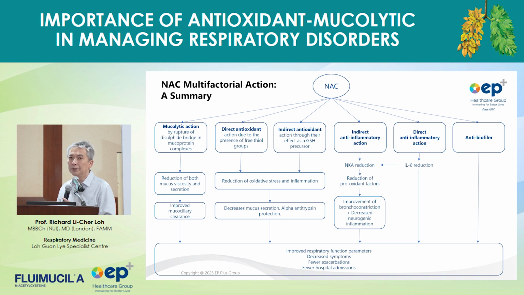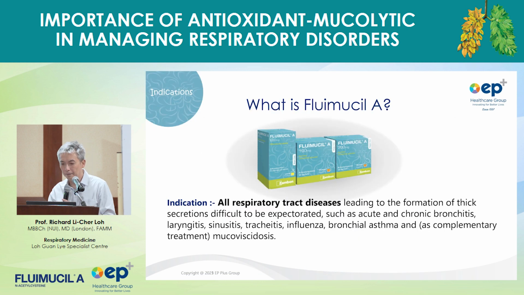It's anti-inflammatory, it's antioxidant. So hopefully with all these properties, it will improve the lung function, reduce symptoms, reduce exacerbation in terms of COPD or chronic bronchitis, and fewer hospitalization.